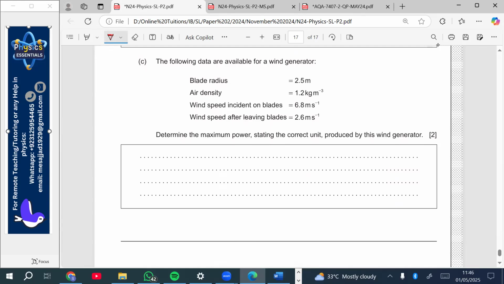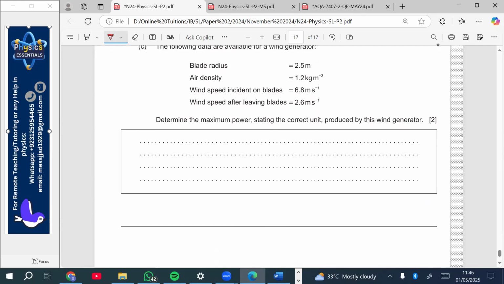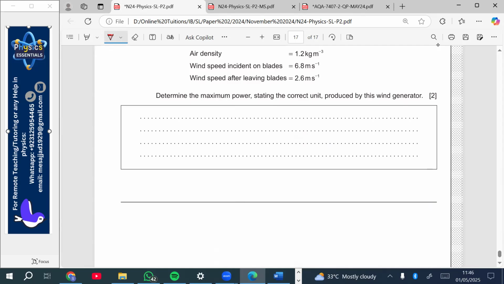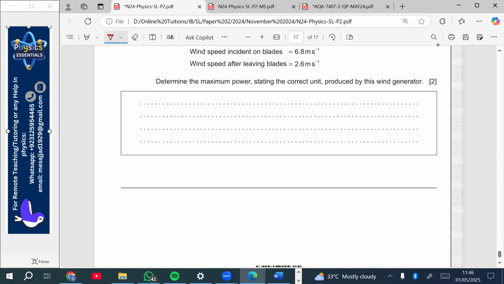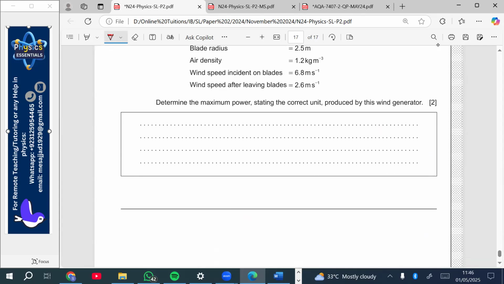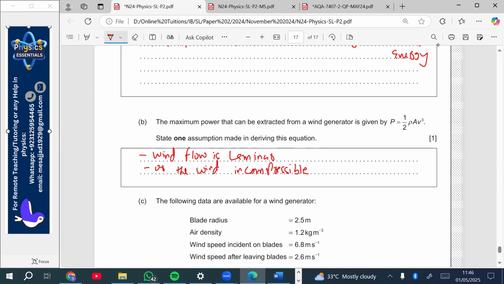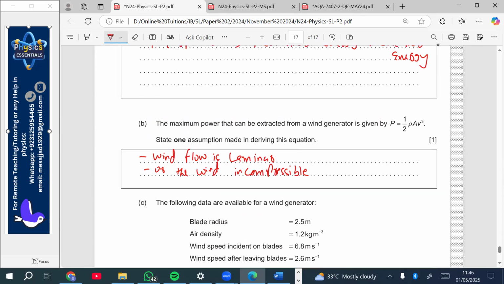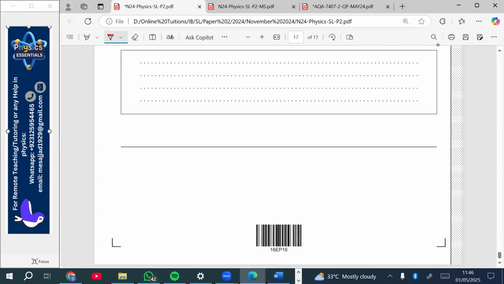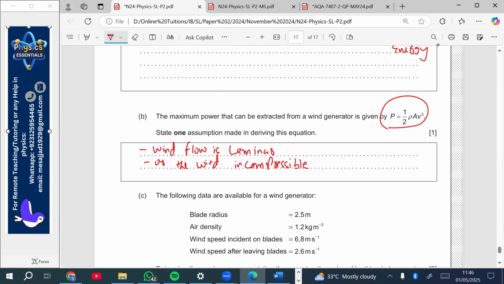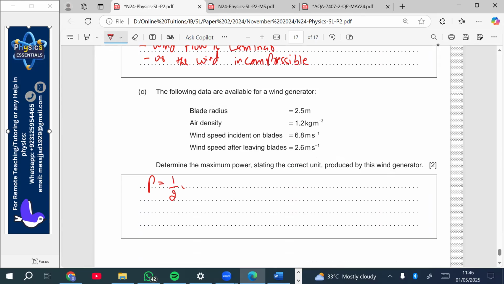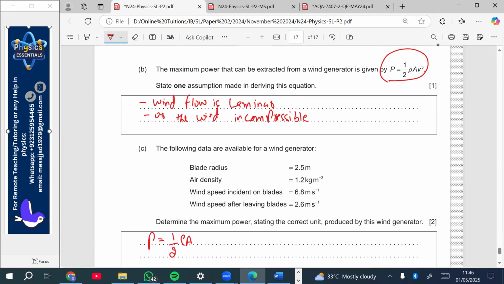The following data are available for the wind generator: blade radius, wind incident speed, and wind leaving speed. Determine the maximum power, stating the correct unit, produced by the wind generator. So it's an easy question. They have given you the power formula, which is this. Just put in the data. P equals 1 over 2 rho A V cube.